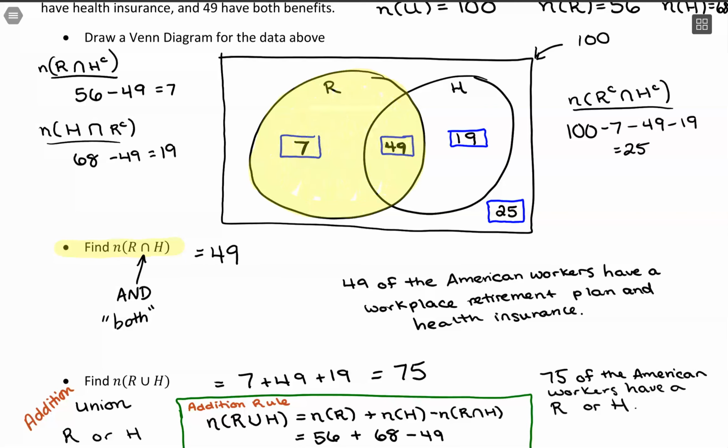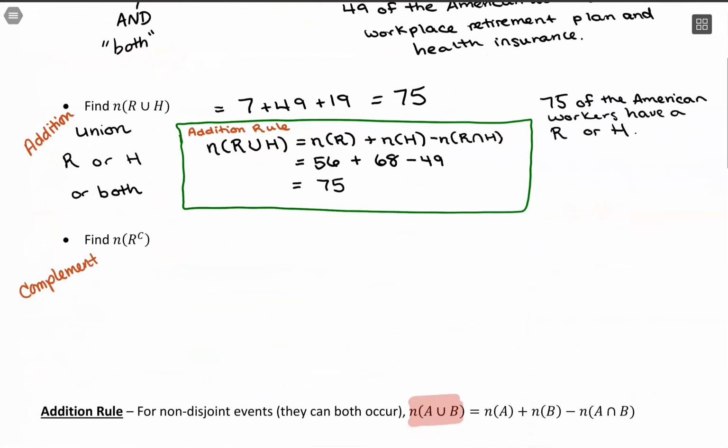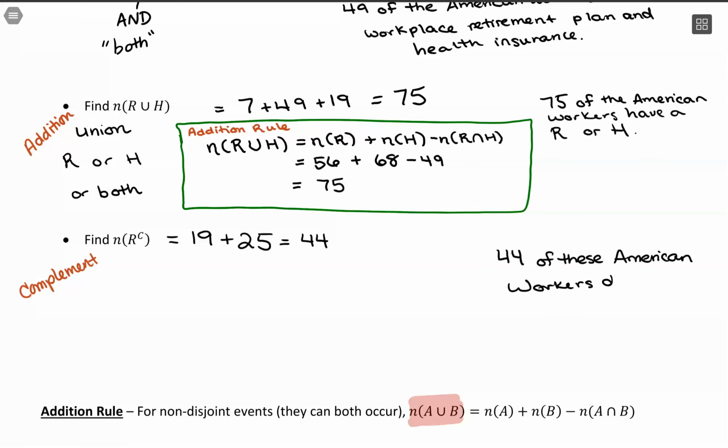So I don't want to take those numbers that I just highlighted. I want everything outside, which would be that 19 or that 25. So what we could do is add those up to get our answer of 44. So we could say 44 of these American workers don't have a retirement plan.